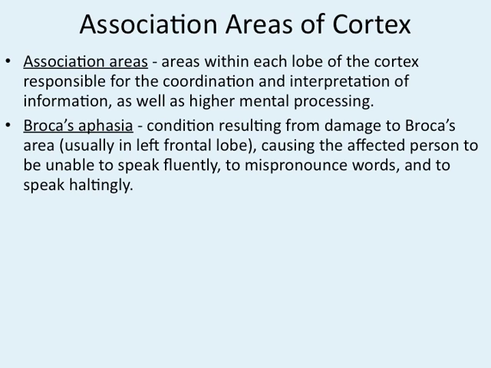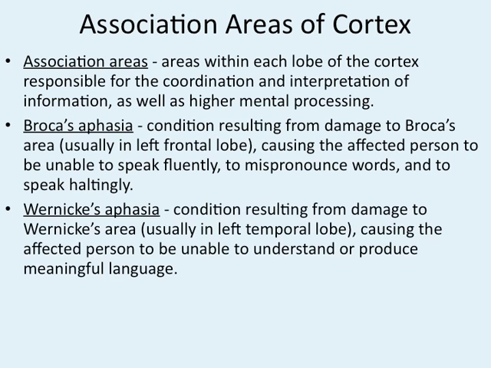One of the largest areas is Broca's area. Broca's aphasia is a condition resulting from damage to Broca's area, usually in the frontal lobe, causing the affected person to be unable to speak fluently. Broca's area is the one that maintains your language. If you damage it and you develop Broca's aphasia, you are unable to speak. Wernicke's area is when you're unable to produce language.